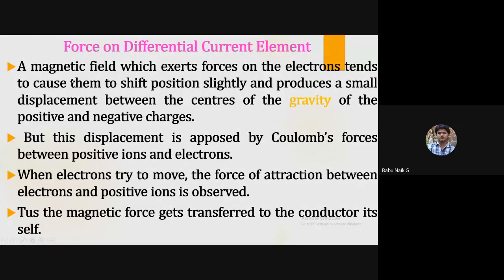So it will produce a small displacement between the center of gravity of the positive and negative charges.